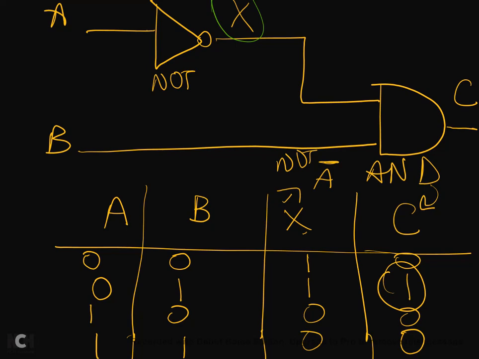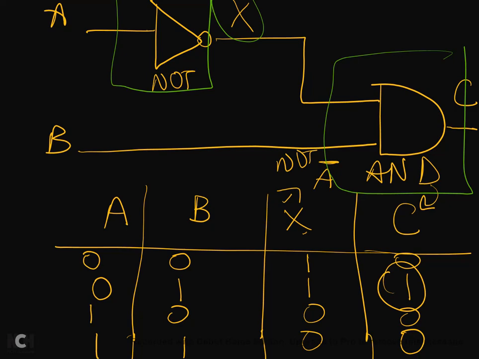I tell them to use any letter and indicate it in your column. Sometimes they give it to you in a circuit, that is, they identify the output of each specific logic gate. The next step is identifying the type of logic gate. Clearly, this here represents a NOT, and this here represents an AND gate. Once you've identified the type of gates, it's very easy to plug in your values once you know the behavior of those gates.